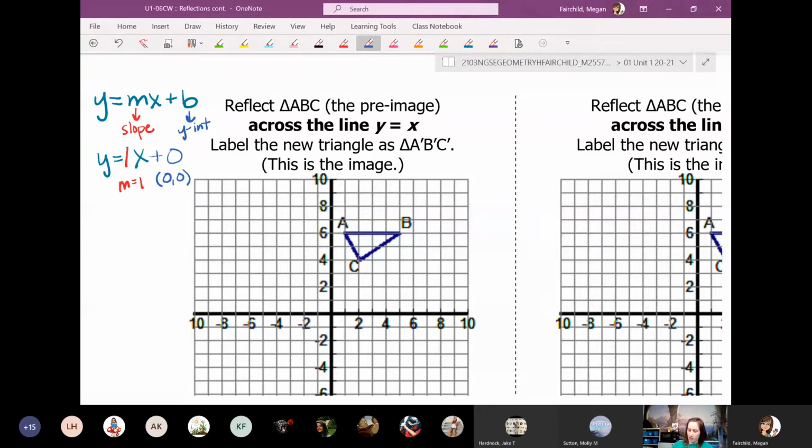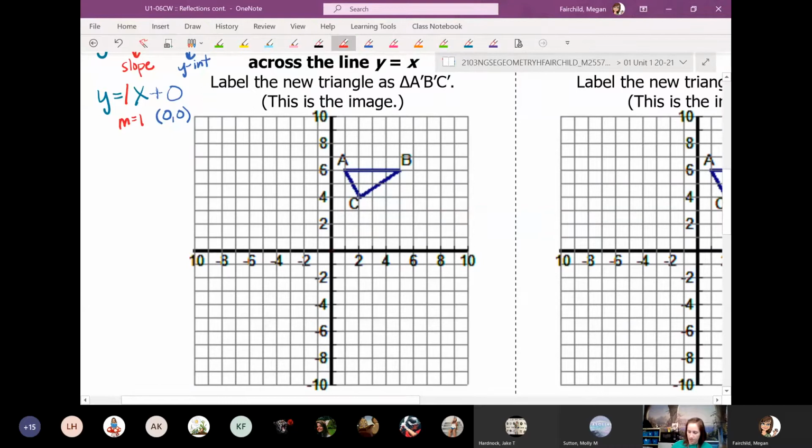Okay, so on my graph, I'm going to start with my y-intercept at 0, 0. And then I'm going to go up 1 over 1, up 1 over 1, because that's my slope. And I'm going to graph the line.